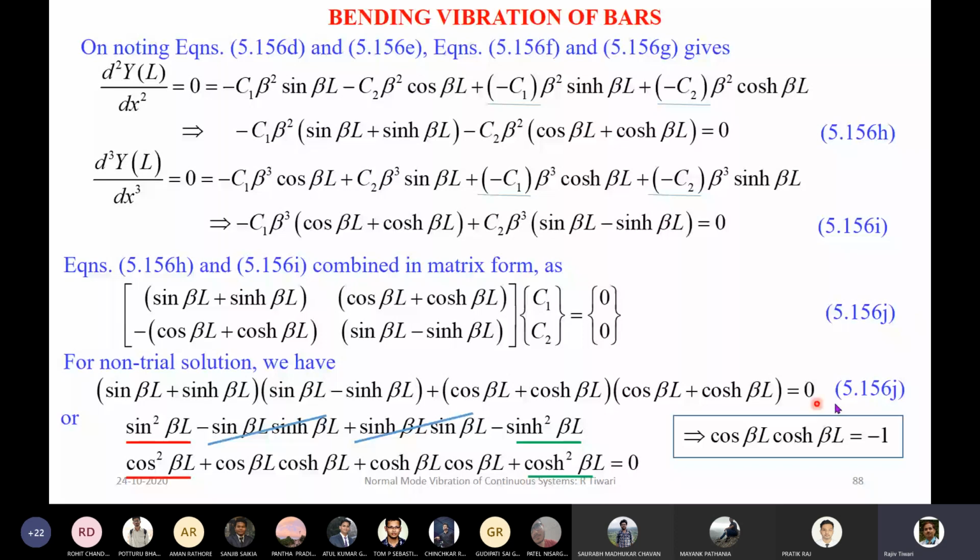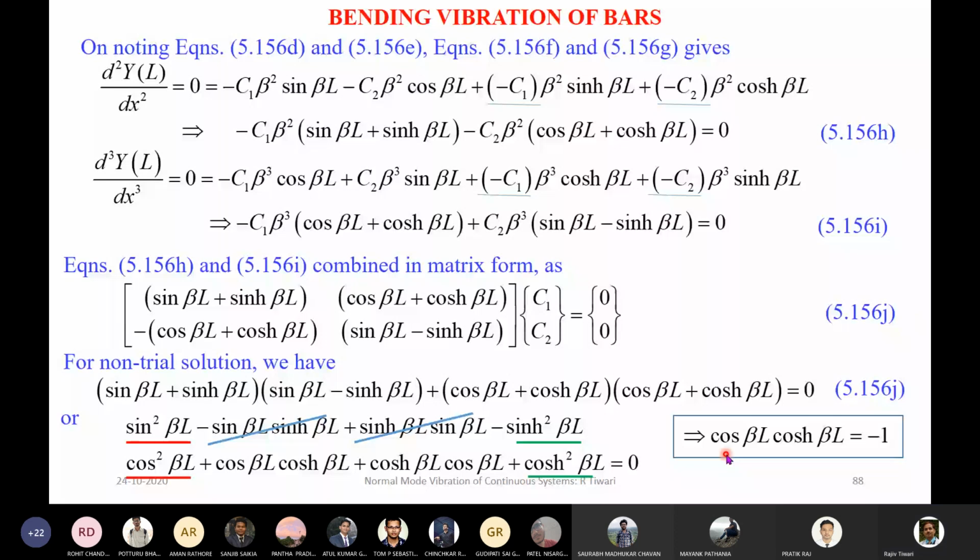And this is a frequency equation. As we have obtained earlier, beta L contains the frequency. So this is the frequency equation or the characteristic equation, which after solving will give the natural frequency of the system.